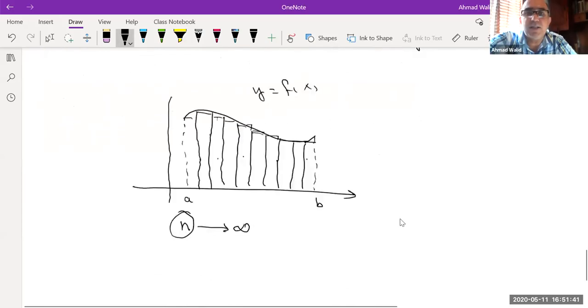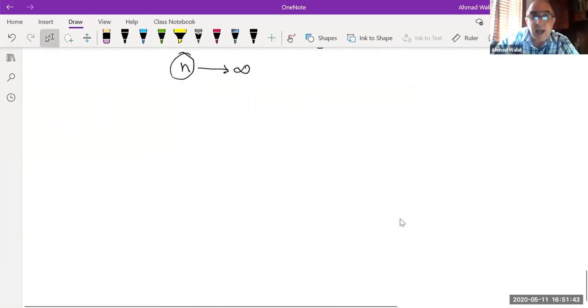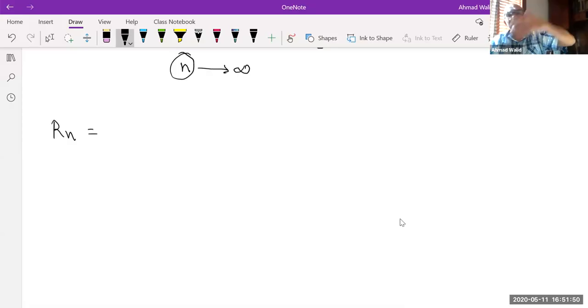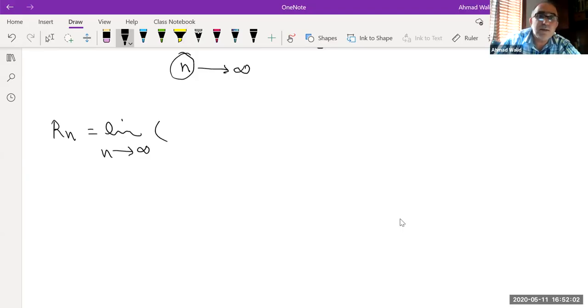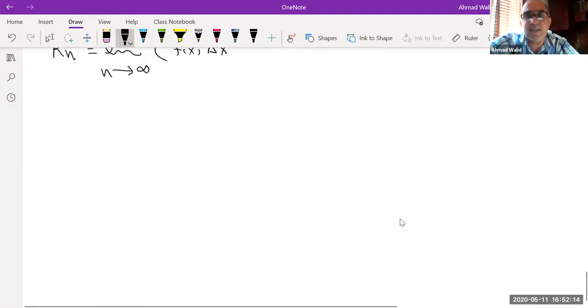That's why they give you this definition. And if you now calculate R of n, the area from the right endpoint, you can write this notation. This one will be the limit of n approaching infinity of f of x1, which was that height that we calculated, times delta x. I'll explain here what delta x is.